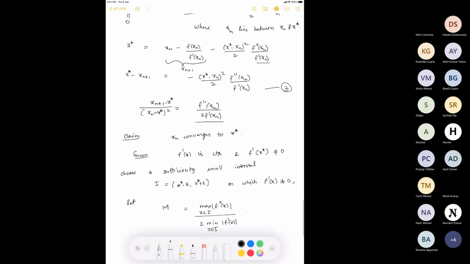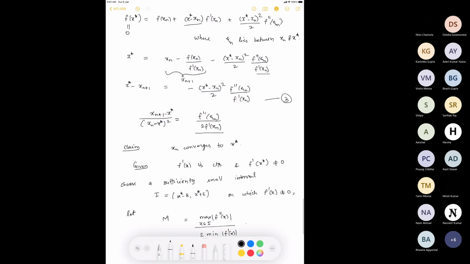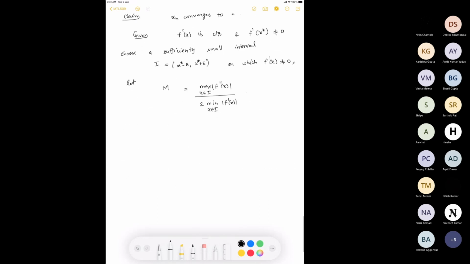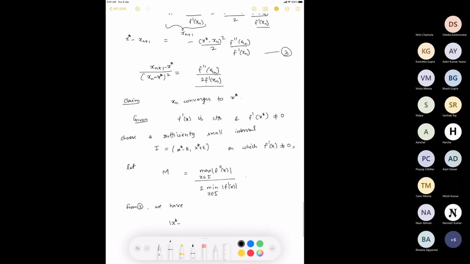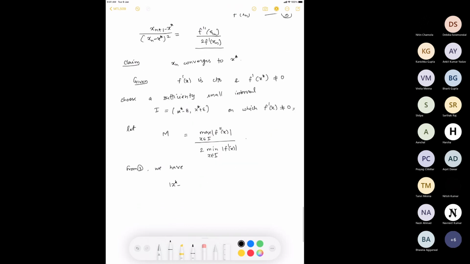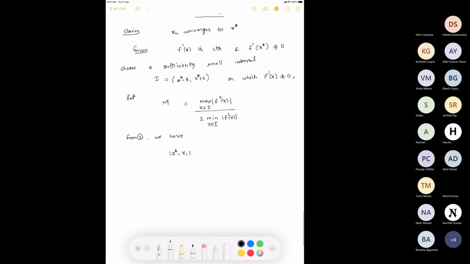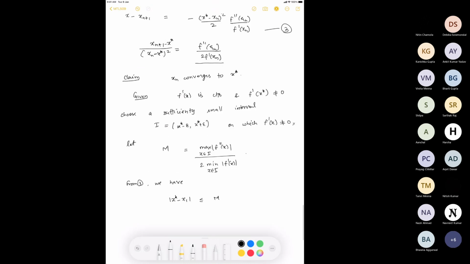So now what do we have from this equation? From 3, what can we say? If I just consider the first iterate, I can say that x star minus x1 is less than or equal to, so I'm just taking m to be the supremum of this factor.